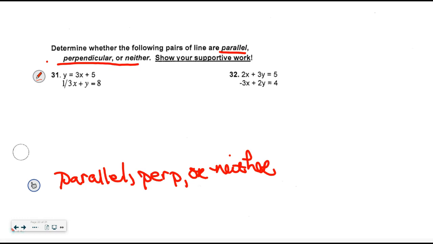So the first thing you need to do, number 1. Actually, let's put a question here so you know that when you're asked this on your test, whether they're parallel, perpendicular, or neither, the first thing you need to do is solve for y.